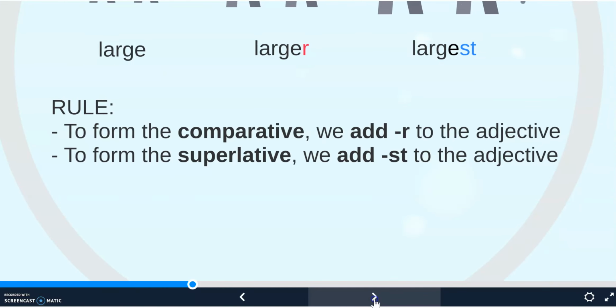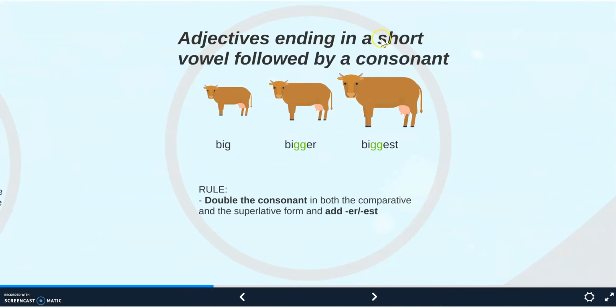And then the last type of 1-syllable adjectives are the adjectives ending in a short vowel followed by a consonant. Dus adjectieven die met een korte klinker in een woord zitten en daarna gevolgd worden door een medeklinker. For example, the adjective big.